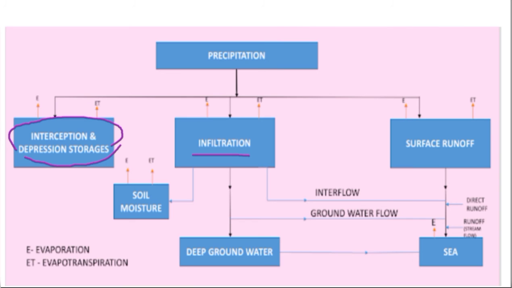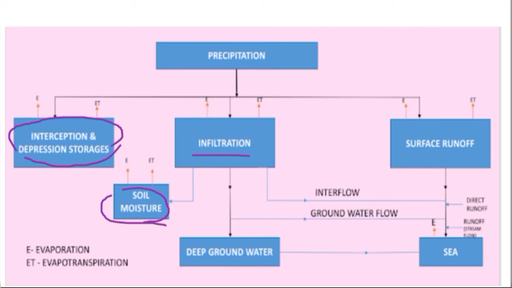From infiltration, as we know that there are voids in soil, so some portion of the infiltrated water will be used to fill those voids. So it's soil moisture.